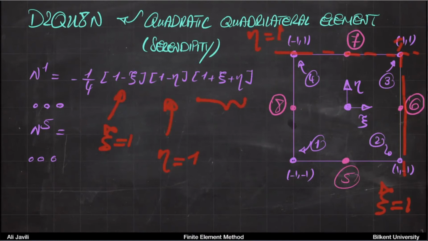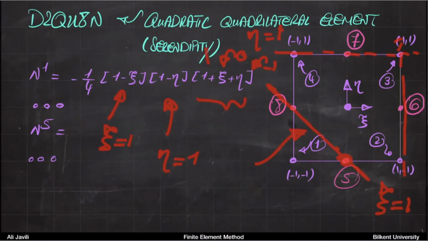The second one is basically the equation of this line. Okay. So you want to make sure that on this line it's 0. For instance, think of node 5. For node 5, xi is 0, eta is -1.